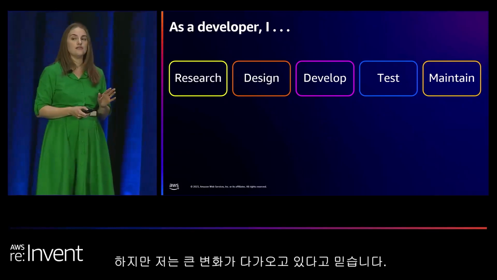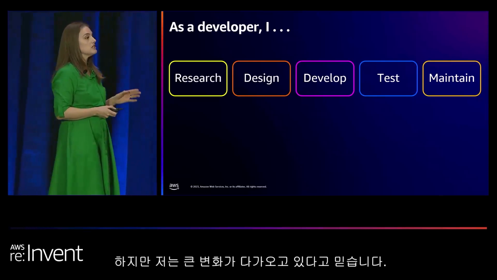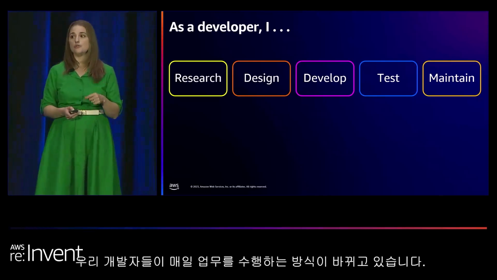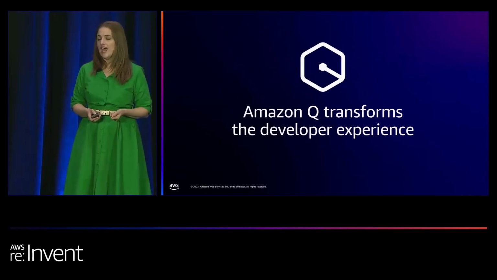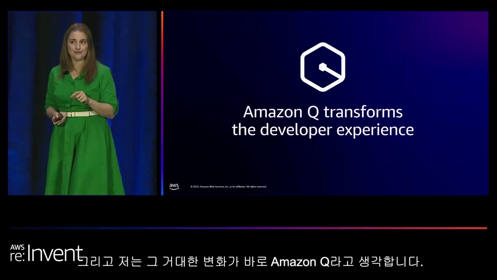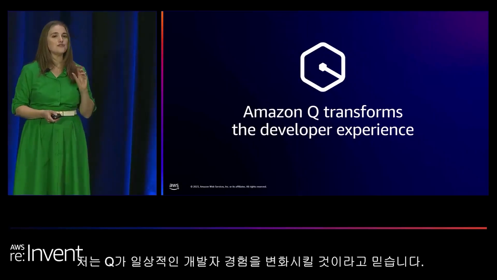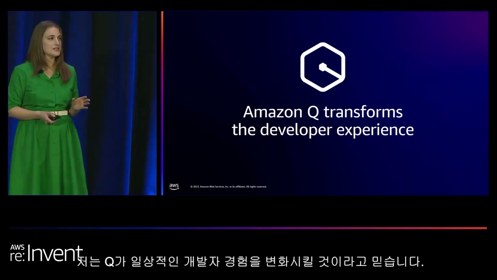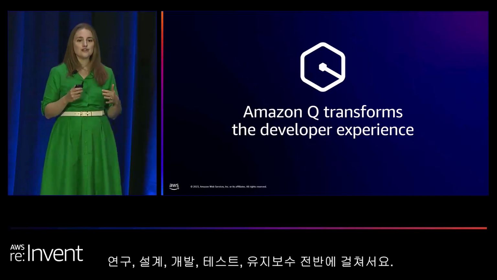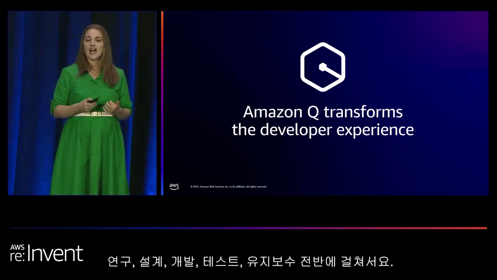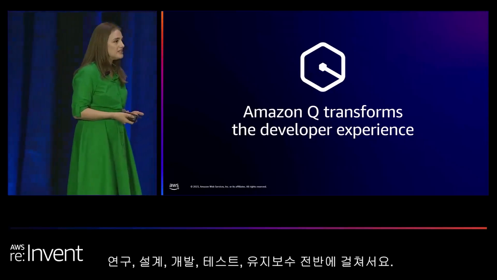But I believe that a huge shift is coming in the way that we developers do our work day to day. And I believe that that huge shift is Amazon Q. I believe that Q will transform the daily developer experience across research, design, develop, test, and maintain.